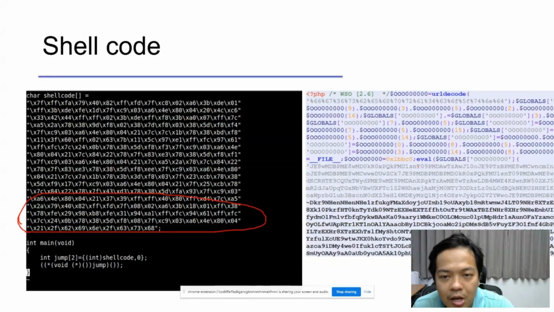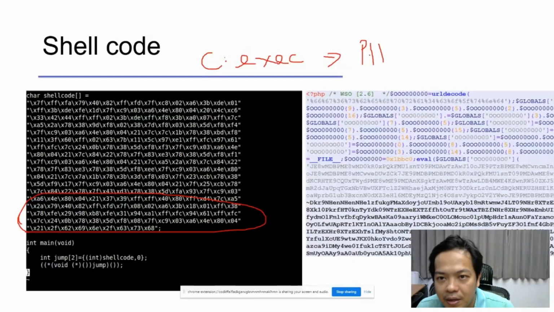In PHP there is another function similar to exec; this is C. In PHP the other function is called eval.